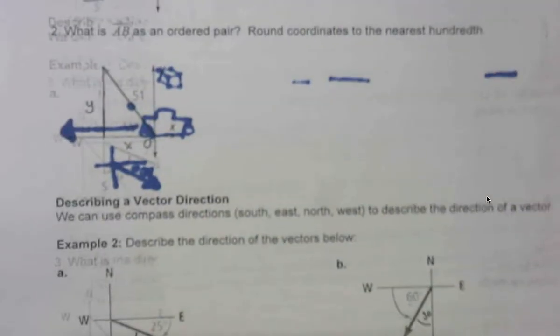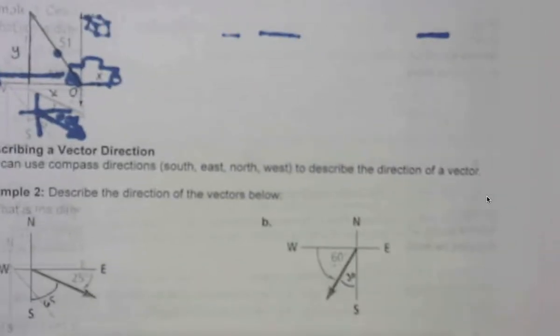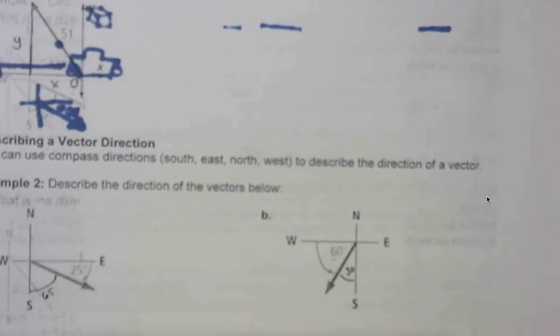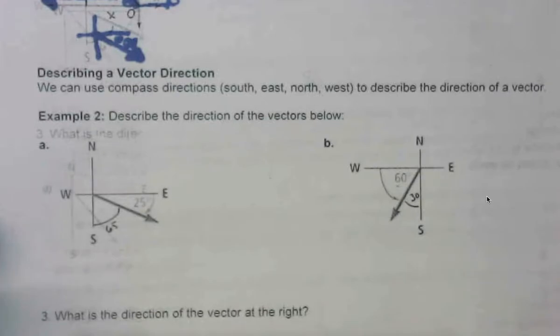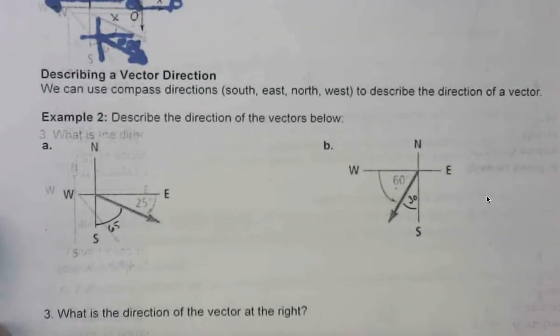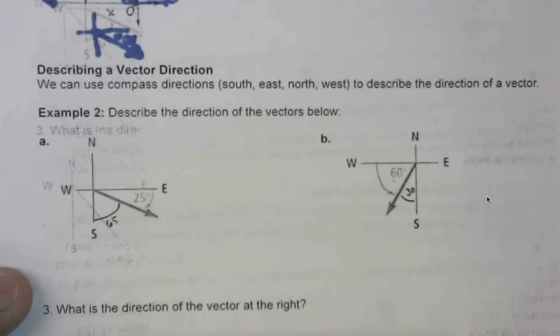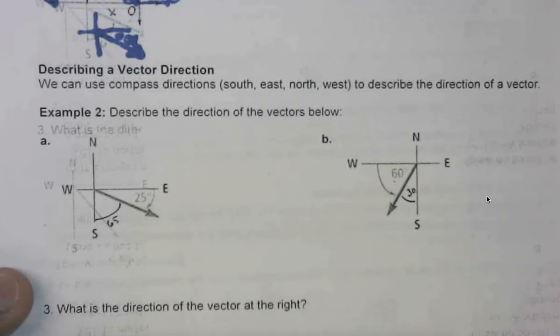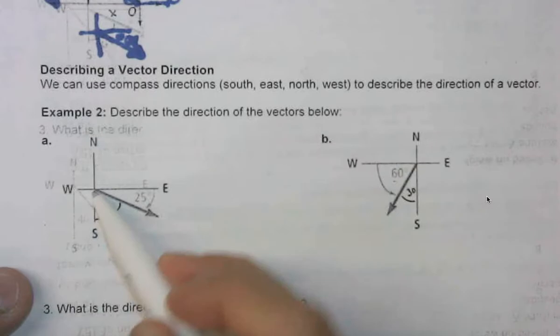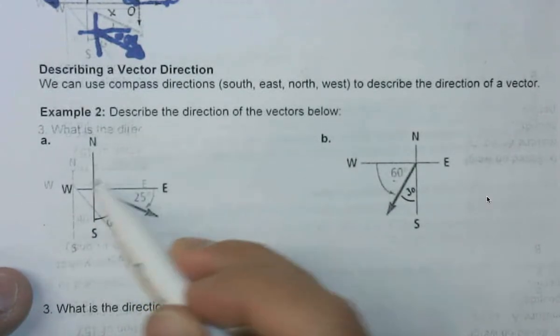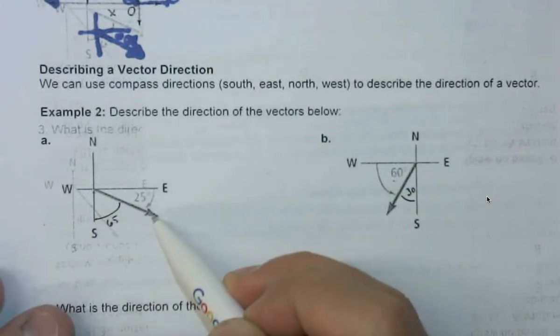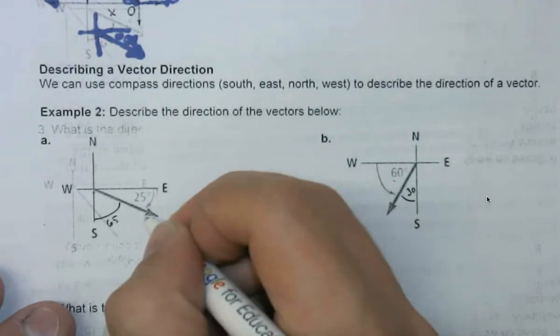Let's see what else we got. We can describe these vectors if we move in certain directions, similar to a compass. We can take this further. All right, so describe the direction of the vectors below. So we have this vector starting at W, or starting at the origin. So we could say that this vector is traveling 25 degrees.